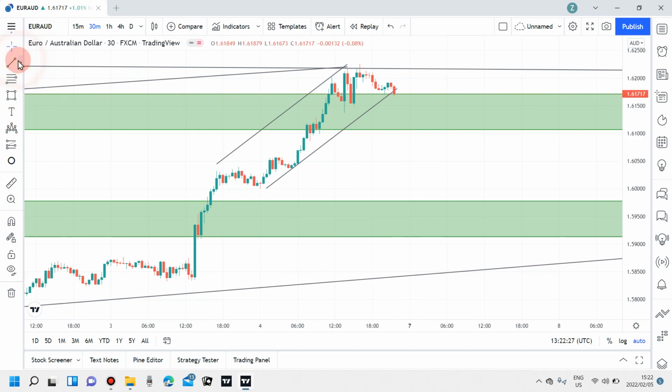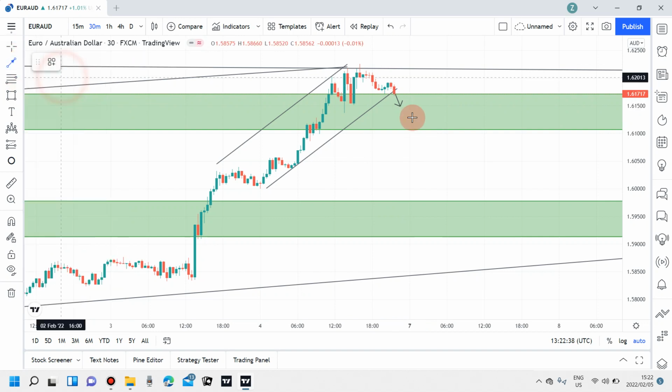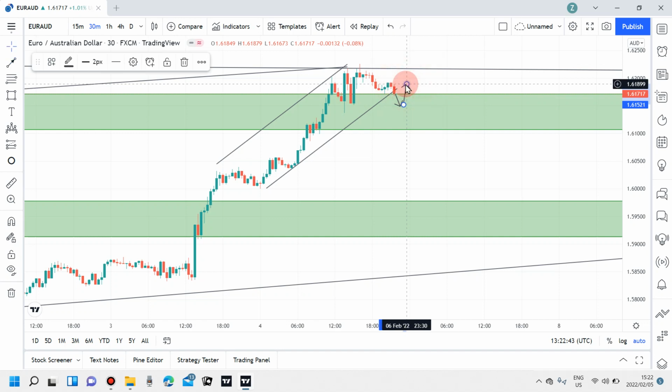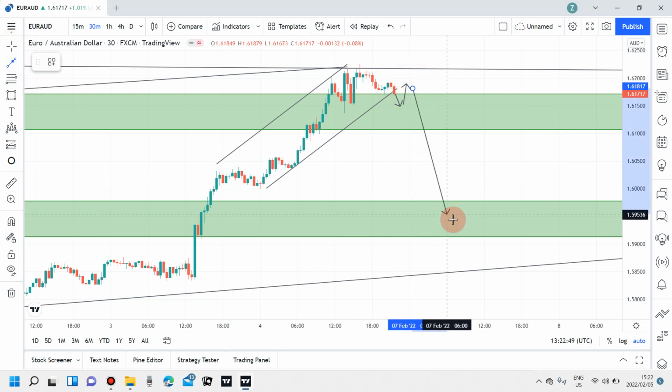So where you would enter is you would wait for the market to first complete your head and shoulders. It's going to break to the upside, come back to retest before actually moving to the downside.